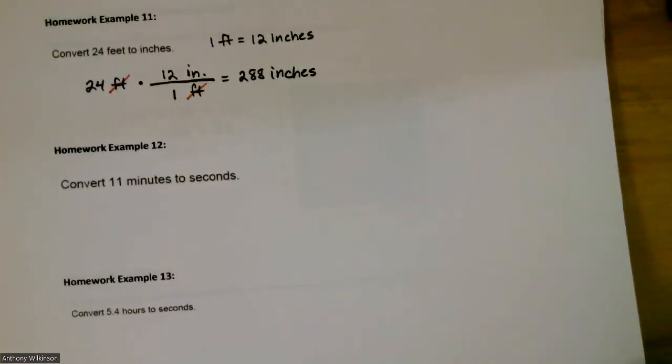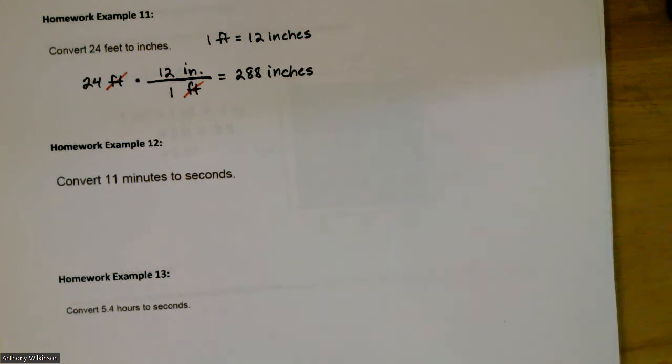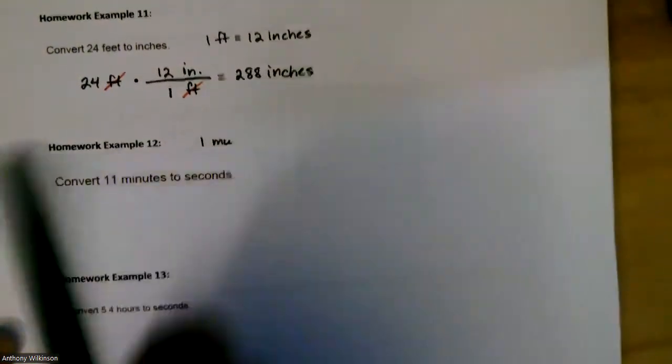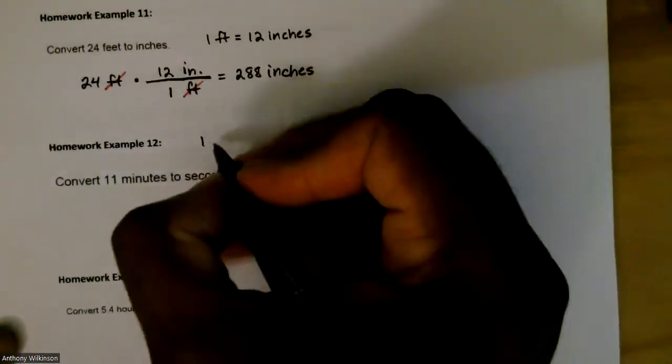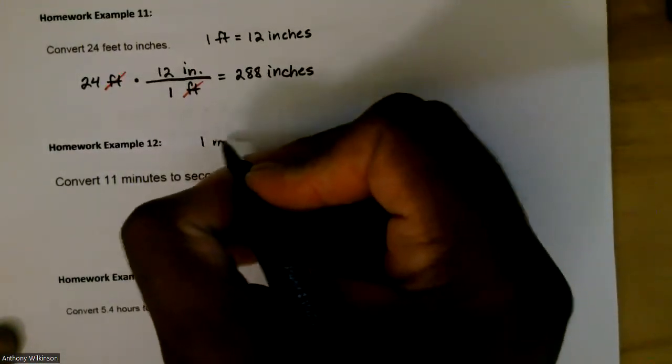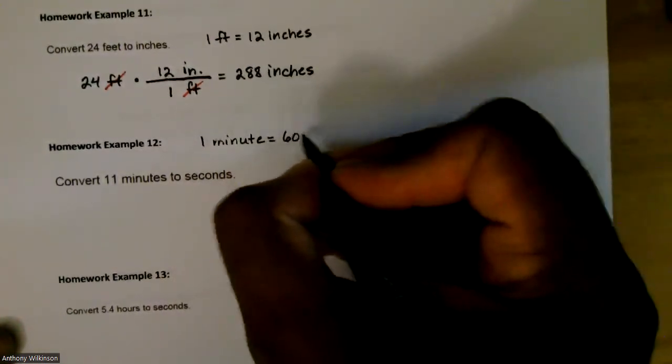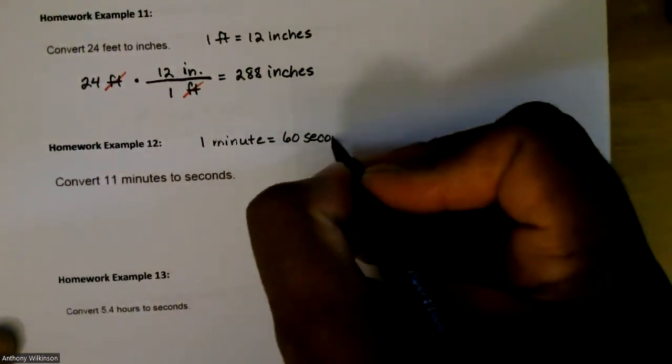All right, number 12, convert 11 minutes into seconds. Well, we have to know that for every 1 minute, that's equivalent to 60 seconds.